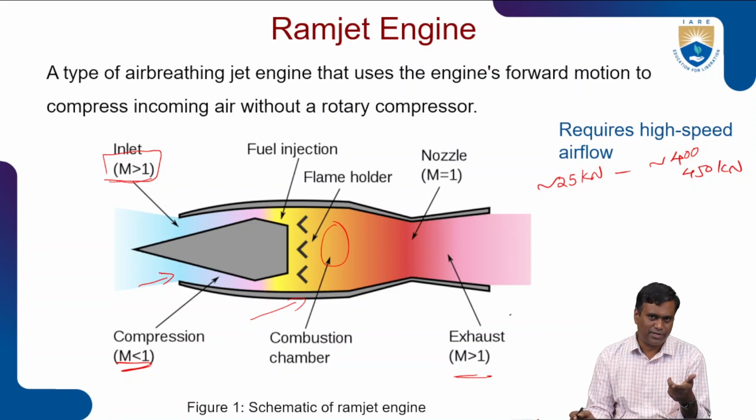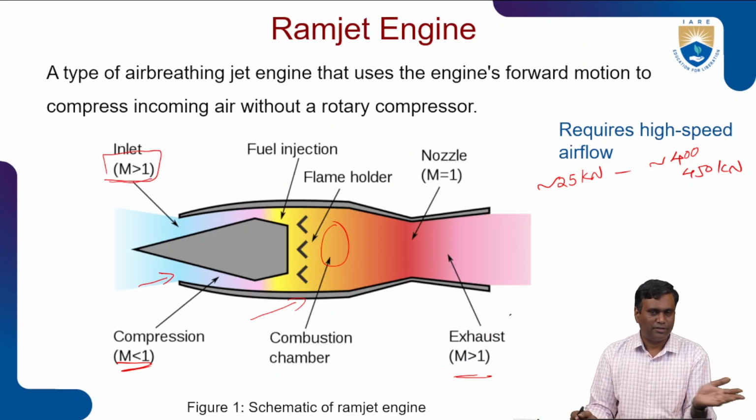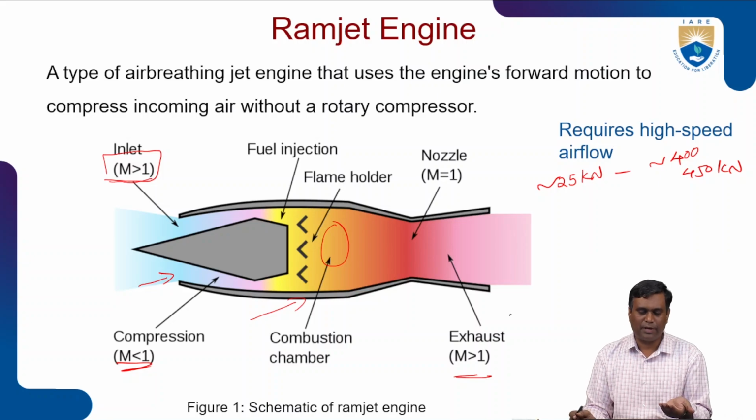Until then, it will be attached to another vehicle, another craft, which takes it in such a way that inlet air is at supersonic speeds. Then only this ramjet engine starts. That's how the engine starts. So it requires some launching assistance. It should be attached to some other aircraft, right? Which helps to get Mach greater than 1 inflow, right?